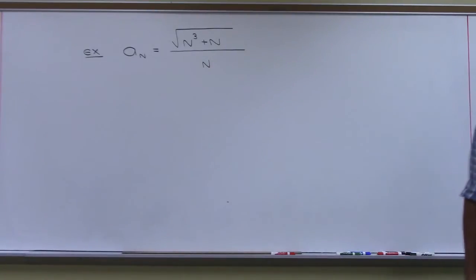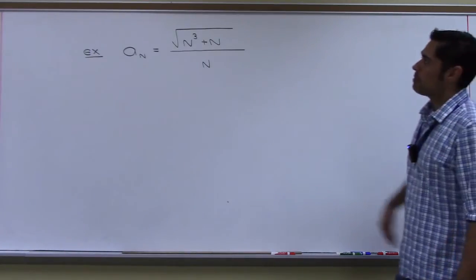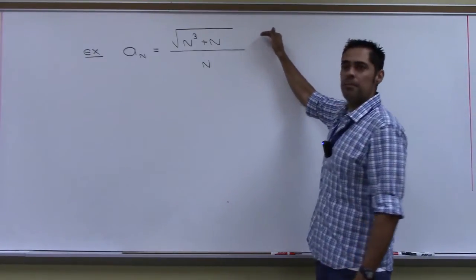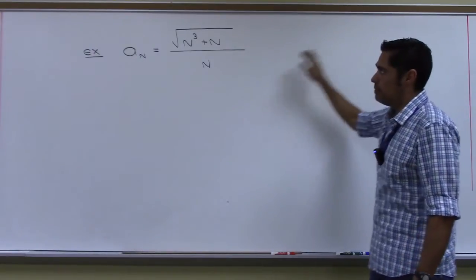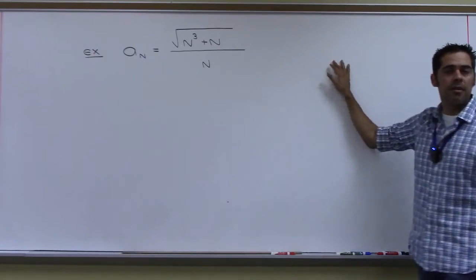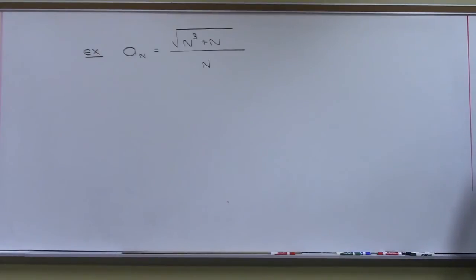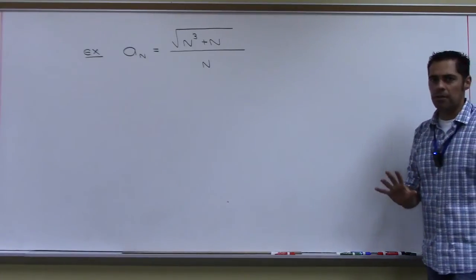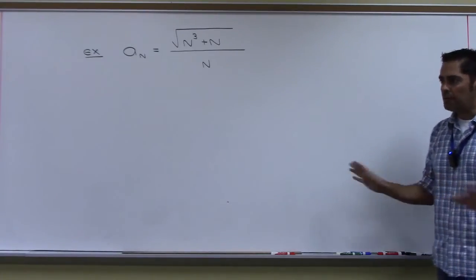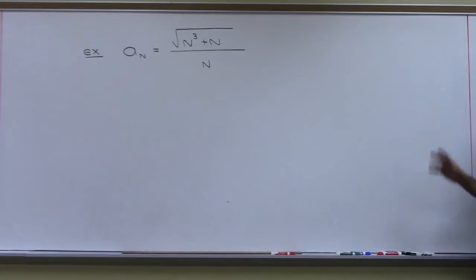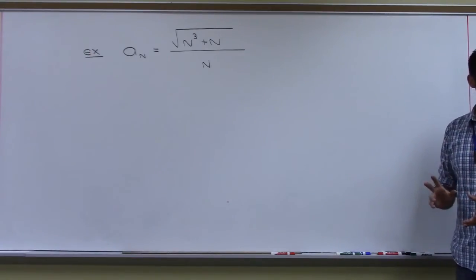What does your gut tell you? Converge, diverge? Where does the top head as n gets bigger? Infinity. Bottom? Infinity. So again, we think L'Hopital's rule, but I haven't shown you what we can do with that yet. I've just told you L'Hopital is off the plate right now because this is a sequence, not a function, right?